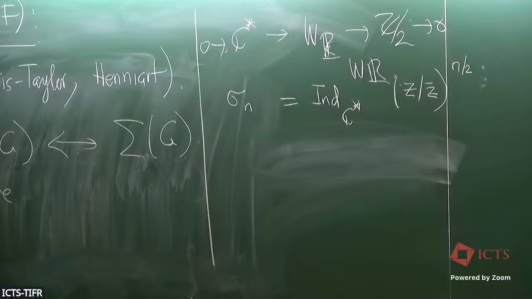Otherwise, PS chi1 chi2 is an infinite dimensional irreducible representation. The induced representation PS chi1 chi2, if this is not the case, is an infinite dimensional representation which has no finite dimensional quotient.